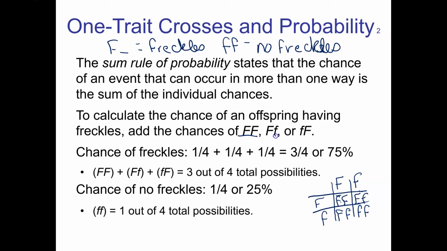Big F, little f, you're going to have freckles. This big F, little f, you're going to have freckles. So you add these 3 chances together, and you get 3/4. So there is a 75% chance or probability that you're going to have freckles, and only a 25% chance that you're not going to have freckles.